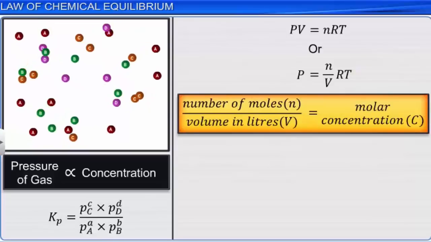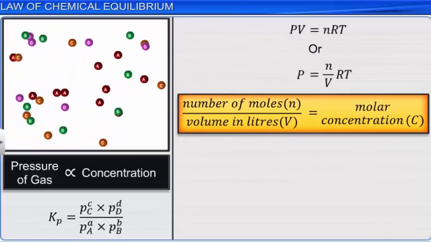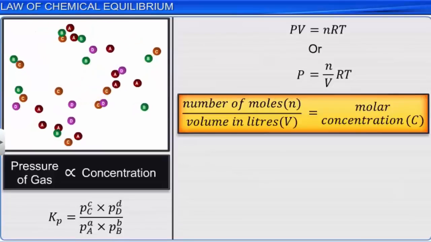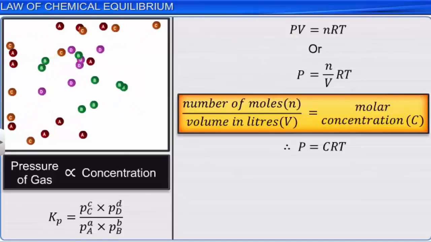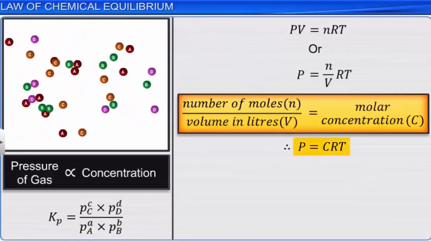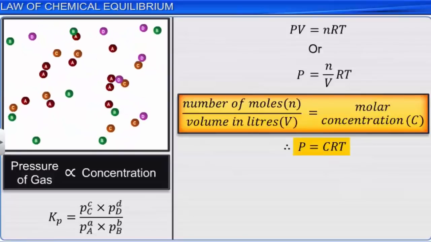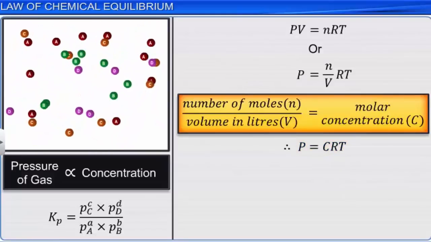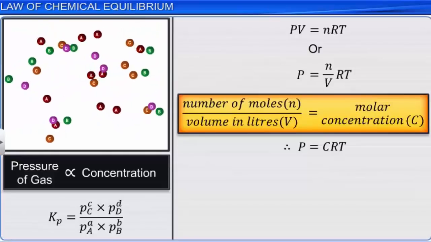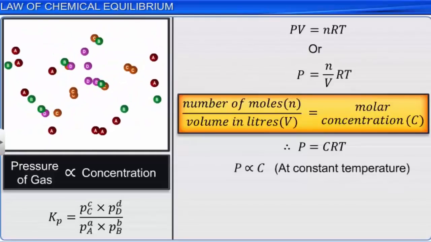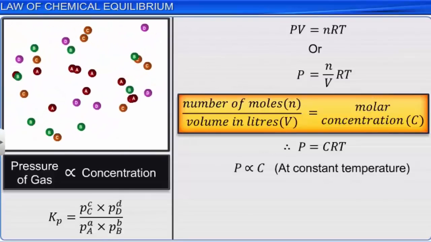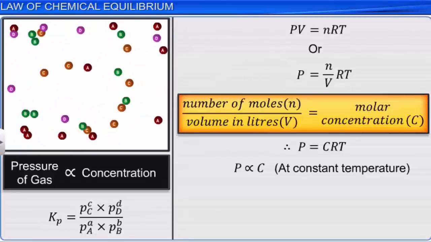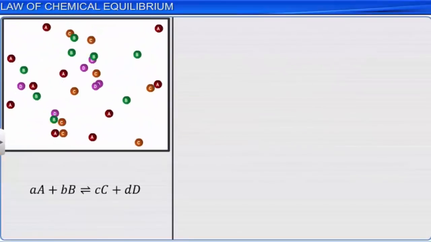However, we know that n by V corresponds to molar concentration C. Therefore, the equation can be written as P is equal to CRT. Since R is constant, it can be written as at constant temperature, the pressure of a gas is proportional to its concentration. The equilibrium constant in terms of partial pressure is represented by Kp.